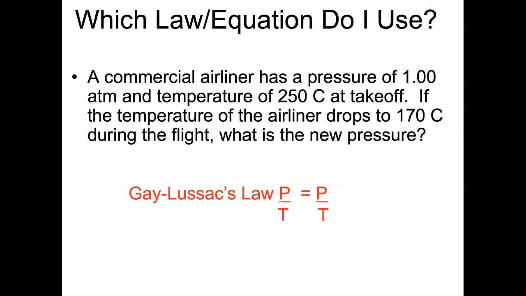Hopefully you were thinking Gay-Lussac's law, P and T, because we have the pressure. The temperature is at 250 degrees, and then of course dropping to 170. And that's one of those problems with flights that does occur.